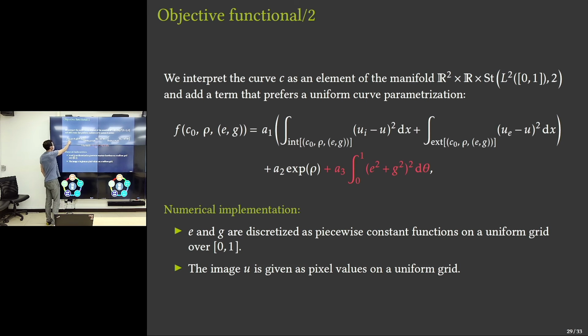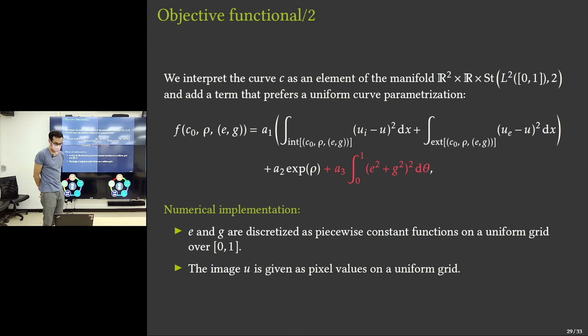So now, instead of the bracket C, we write explicitly the elements of the curve: the centroid, the length, and the two functions that parameterize the curve, E and G. It's the same expression as before, just we write C0, rho, E and G, and we add this term. So this is the final objective functional.